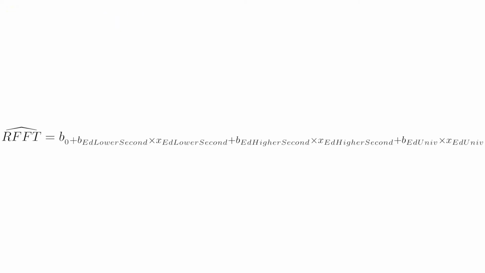The first thing we have to do is recode this one variable into a variable for each level. So you're going to have a 1, 0 for education lower second. You're going to have one for education higher second and education for university. Now you will note that I did not include primary.